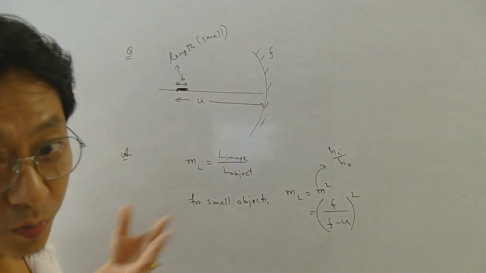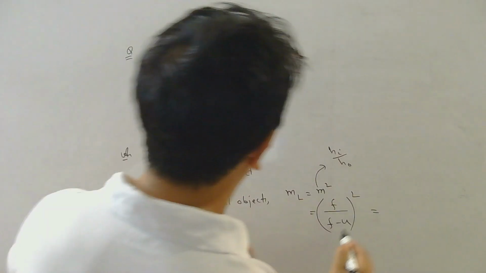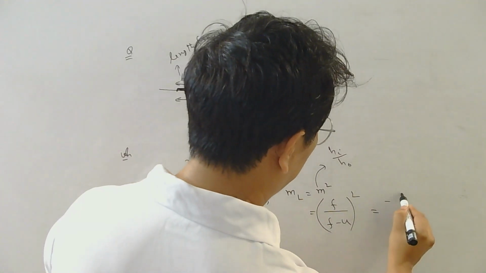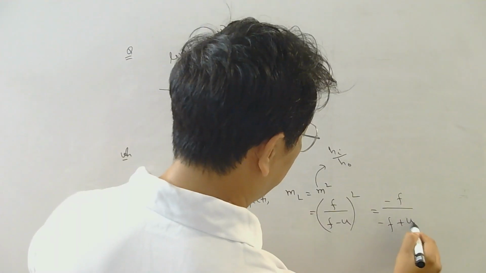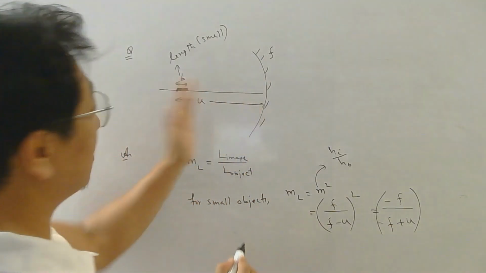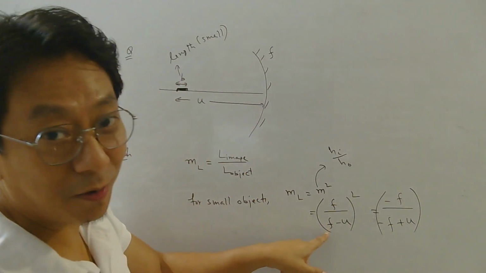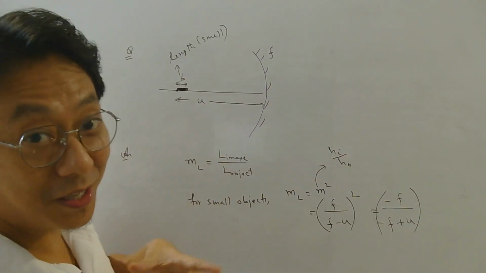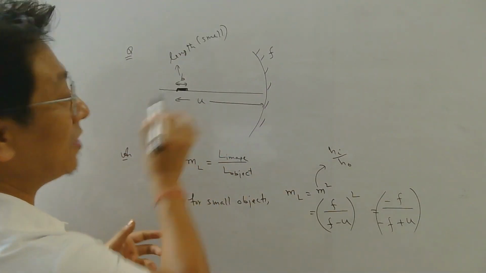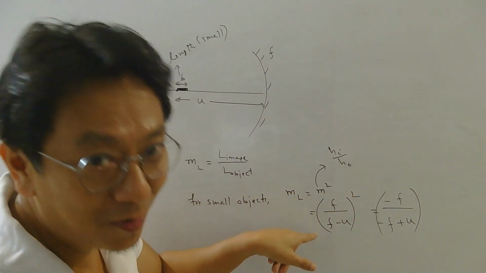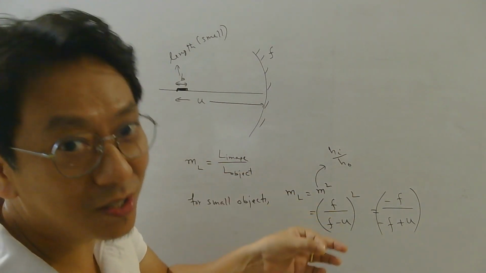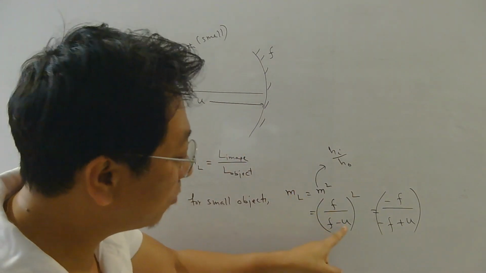But here we have to be careful about which sign to put. The focal length is given as f, so minus f. Here minus f, minus plus u. U is minus u. Remember, this u is our formula u, and this u is the given u. You can think of this as 10 centimeter. While putting it in the mirror formula or magnification formula, we have to put the sign: if this was 10, you have to put minus 10.